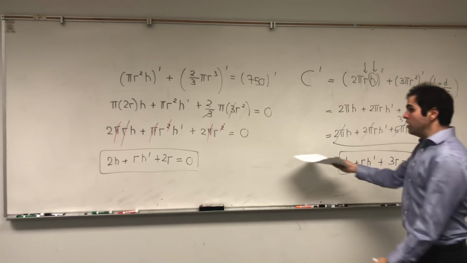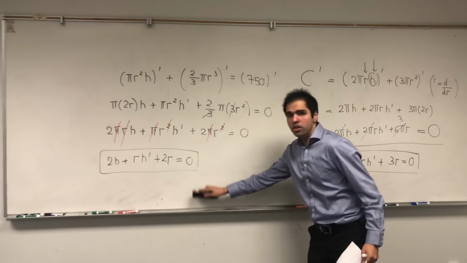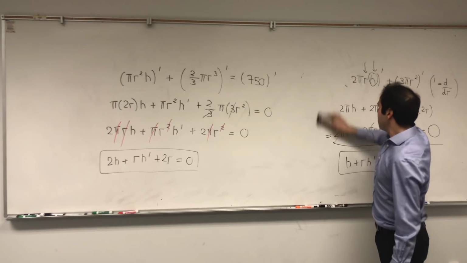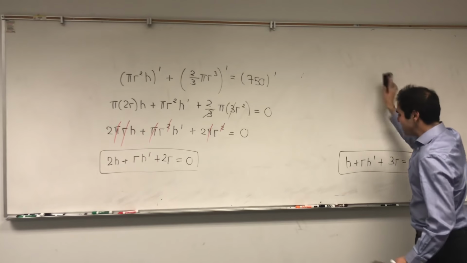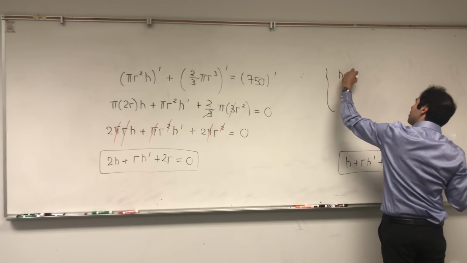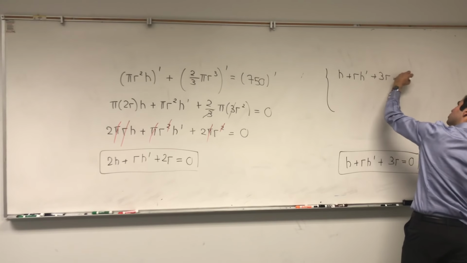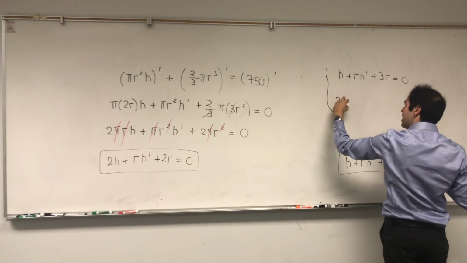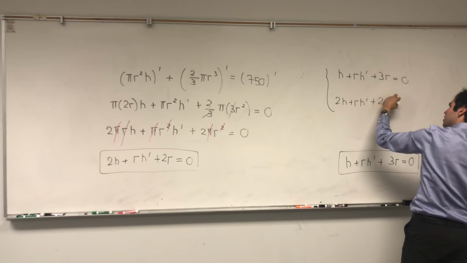So we get two pretty simple equations, and all we need to do is play around with this. We get, again, h plus r h prime plus 3r equals 0, and 2h plus r h prime plus 2r equals 0.